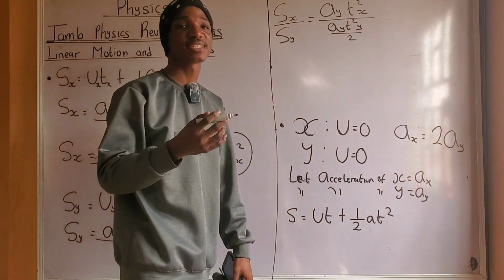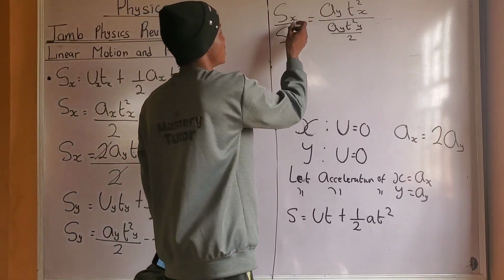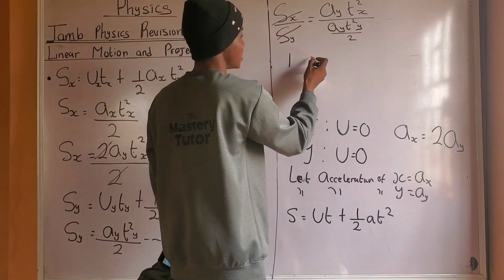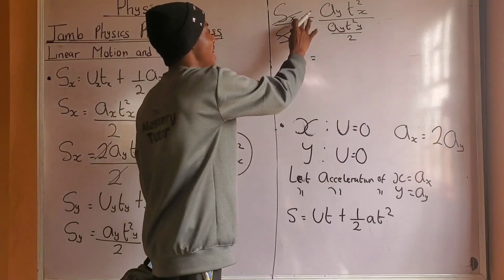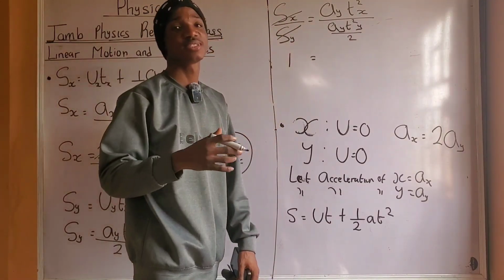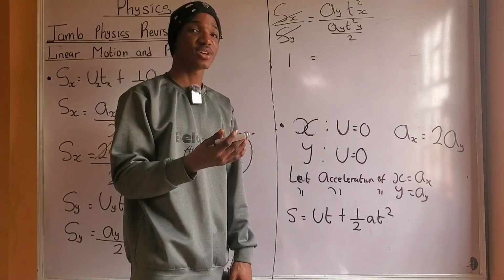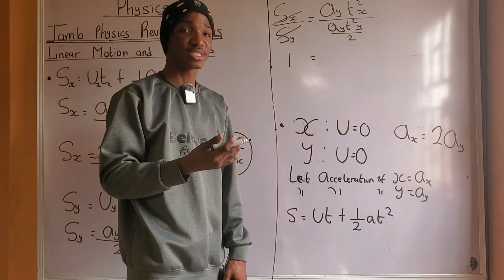Now, because the distance covered by both particles is the same, that means this will give me 1. Are you getting it? The distance covered by particle X is the same as the distance covered by particle Y. The only difference is the acceleration, and because there is a difference in acceleration, the time will also differ. Are you getting it?